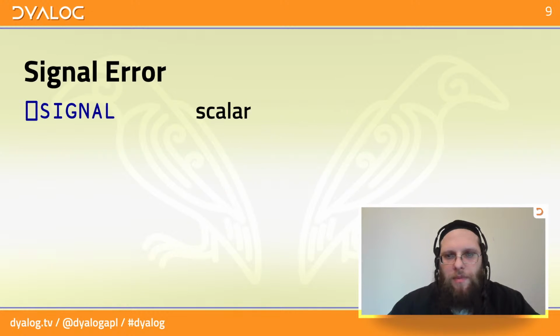Now, quad SIGNAL's basic syntax is that it takes a scalar as argument. The scalar, however, is not necessarily simple. It can be a simple number, in which case it's just the error numbers that we have covered in previous webinars.